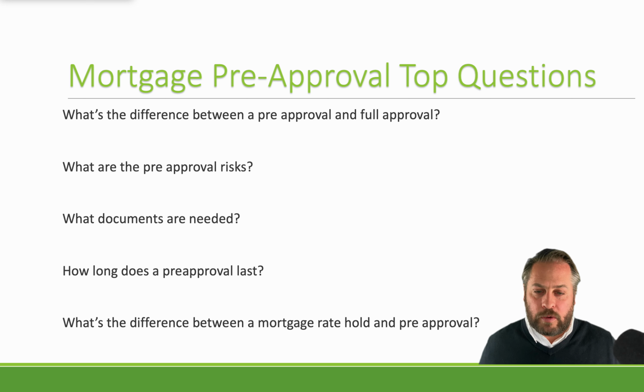So what are the pre-approval risks? The risk is if you don't have a financing condition when you make an offer on a house, it's firm and binding as soon as you sign it. There's no getting out of it. Well, what if there is a problem with the house? What if something comes up, like the income that we thought was a salary, and the employer says no, it's actually hourly and it's actually variable hours.